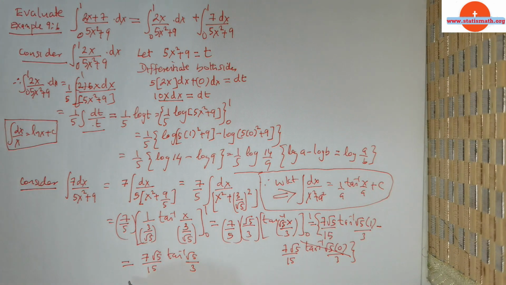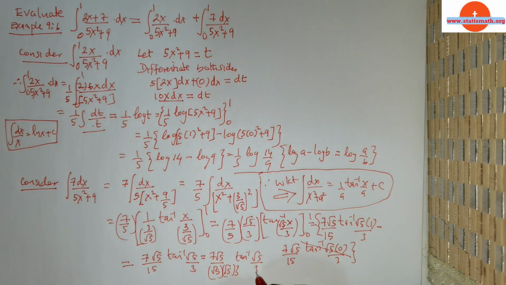Now what we can do is rearrange this part to represent the solution in the textbook. So how do I rearrange this part? Now this is going to be 7 times root of 5 divided by, now 15 is actually 5 times 3, right? So what I'm going to do is rewrite 5 as root 5 times root 5, times 3, times tan inverse of root of 5 divided by 3.